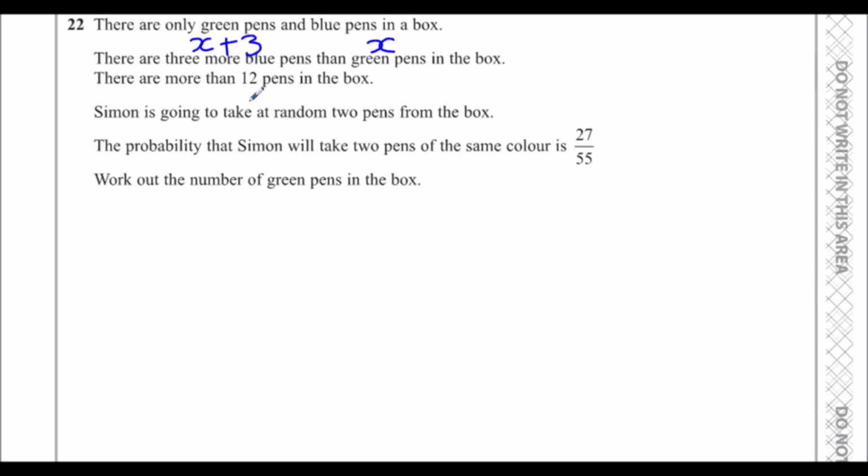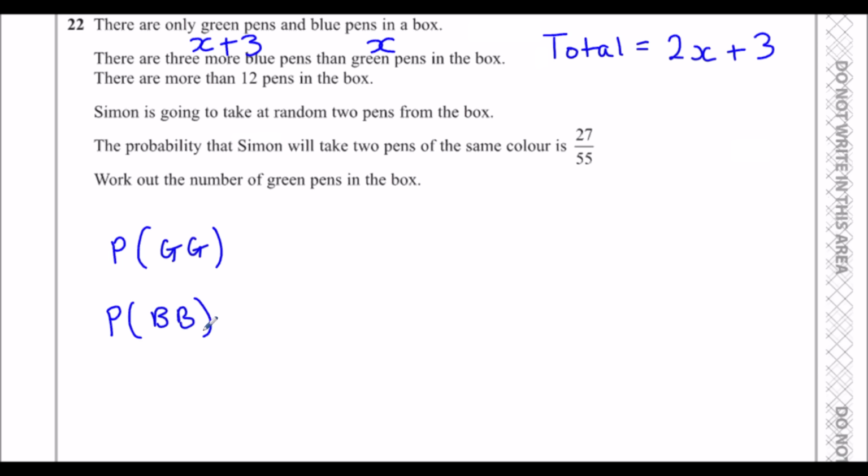So how many pens are there in total? So there's x green, x plus 3 blue. So 2x plus 3 pens in total to start with. So the probability of getting green then green. So 2 pens are the same colour, so we'll work out green then green, and blue then blue. So the probability of a green then a green, so for the first pen, it's x over 2x plus 3.